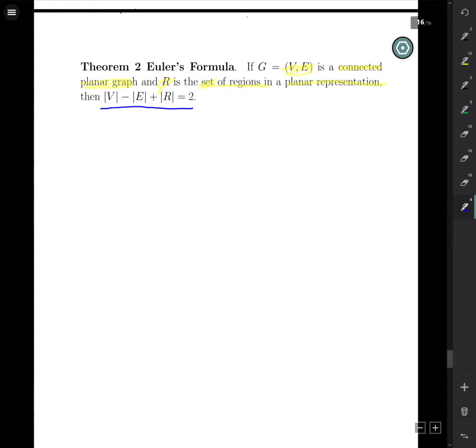where we're using this idea with the bars on either side of the set, as we have before, to be the number of elements in V, right? So the elements in V here are vertices, so that counts the number of vertices.